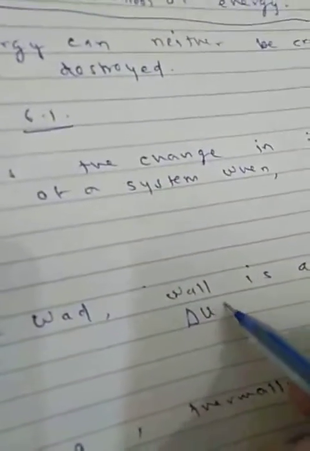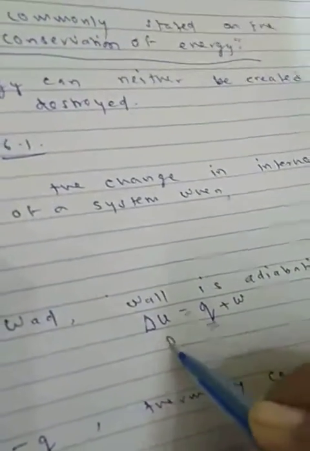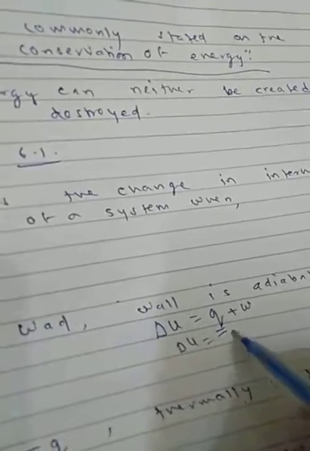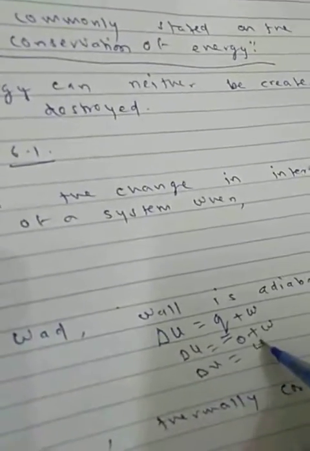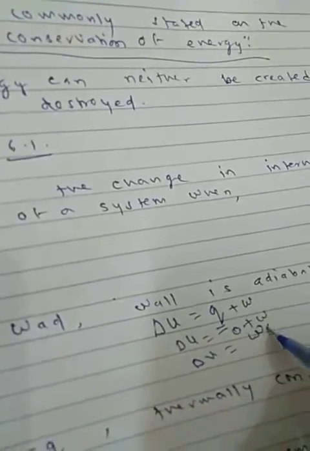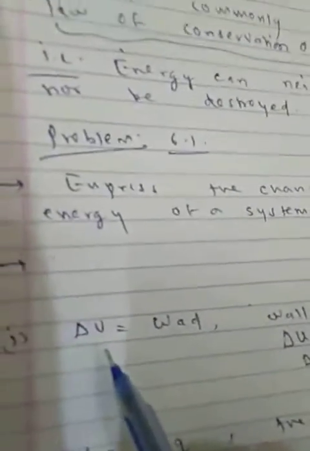Because our equation is delta U is equal to Q plus W, but here no heat is absorbed, so this is 0. So delta U is equal to 0 plus W, at that time delta U is equal to the work W, and the wall will be adiabatic. So your answer will be delta U equals W adiabatic.